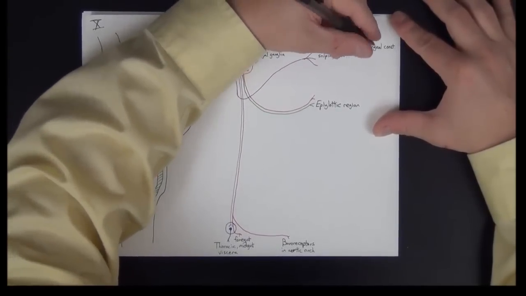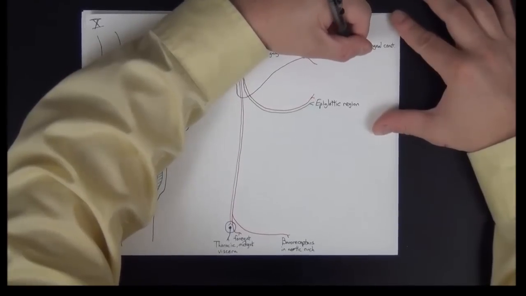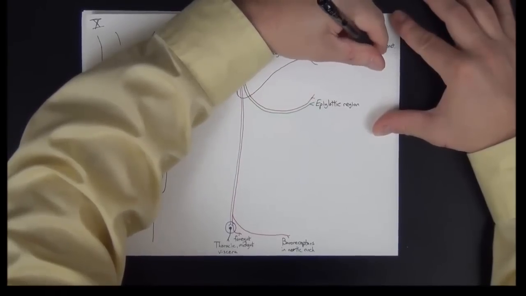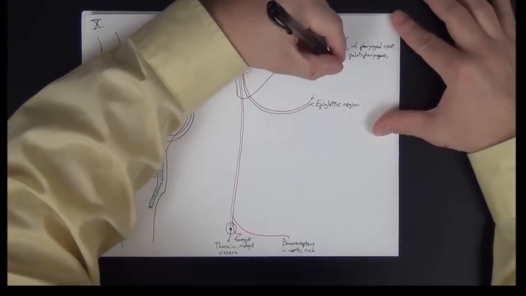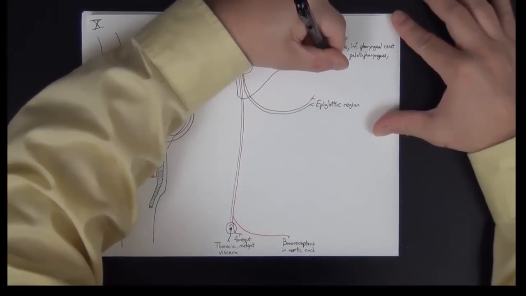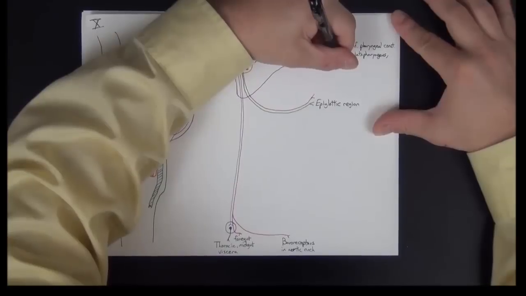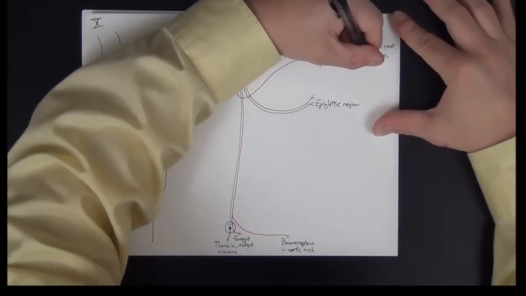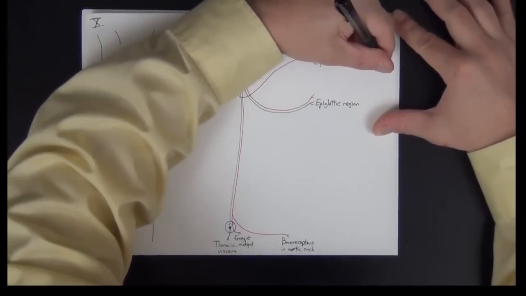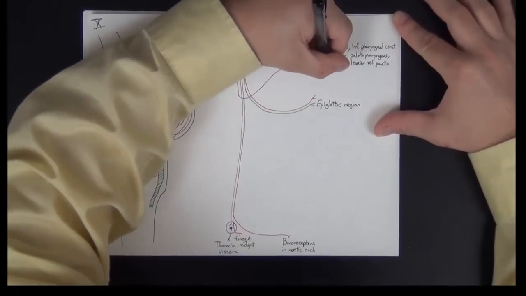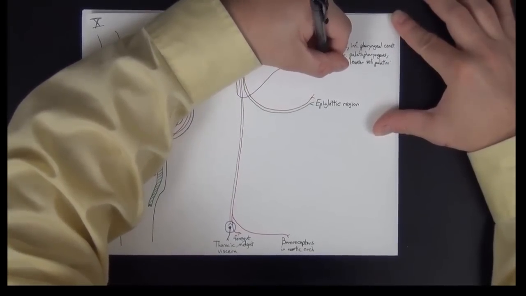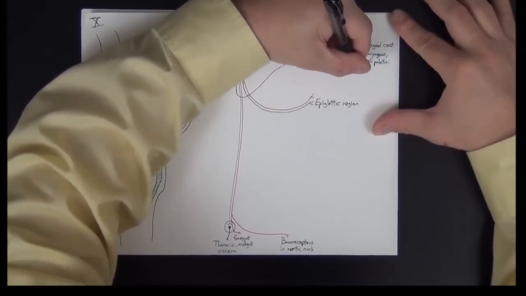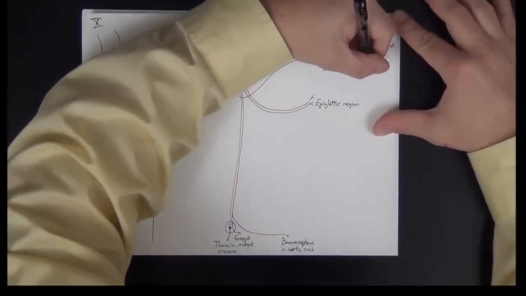salpingopharyngeus muscle, the palatopharyngeus muscle, the palatoglossus muscle, the levator veli palatini muscle, and the skeletal muscle of the soft palate, including the uvula.